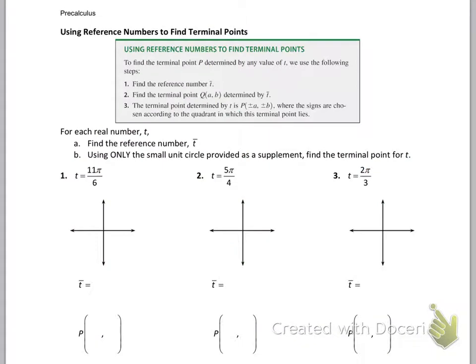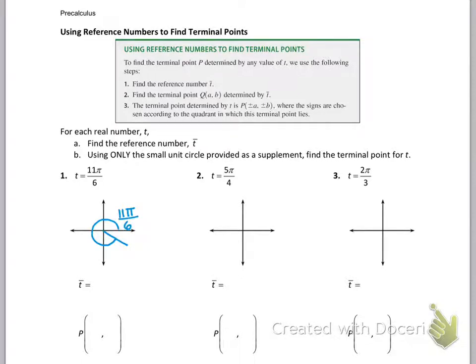Okay, so we are going to continue to do practically the same thing, but then I want to find the terminal point. So you have to tell me the point where it ends, not just the reference angle. But to do that, we need to find the reference angle first. Okay, so 11 pi over 6 ends about right here. So this blue angle is 11 pi over 6.